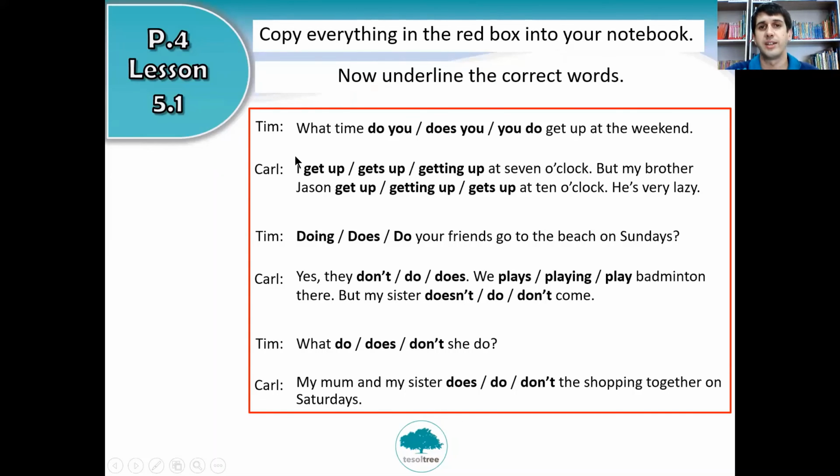The answer: what time do you get up at the weekend? So you need to read this and underline. Can you see all these big, bold, black words? There are 3 in a row. Choose one and underline the correct answer. We will check the answers tomorrow.